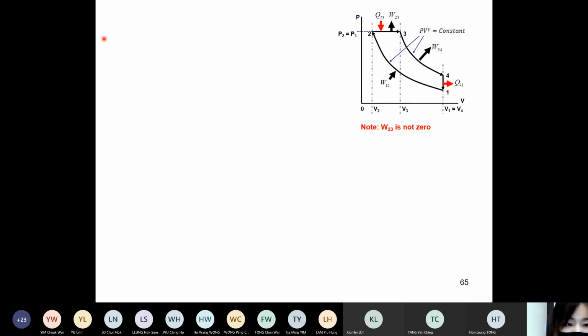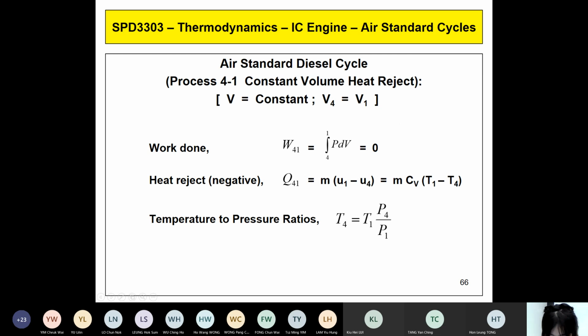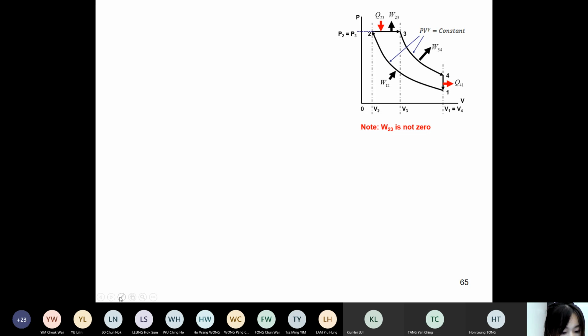The last process is 4 to 1. We have constant volume heat rejection.